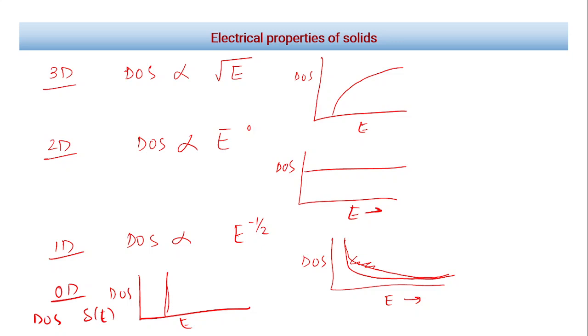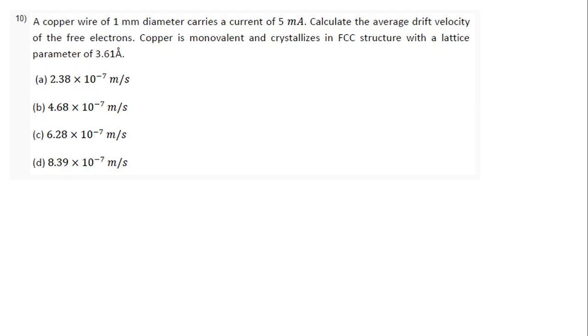Now let's move forward and focus on doing some assignment problems on these electrical properties of matter. I think we have sufficient time for this now. First question: a copper wire of 1 millimeter diameter carries a current of 5 milliampere.